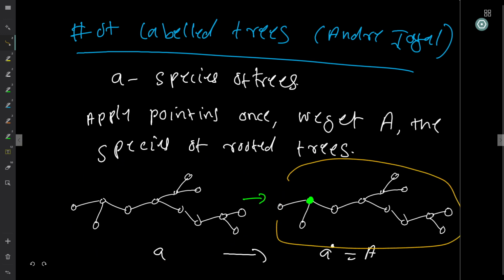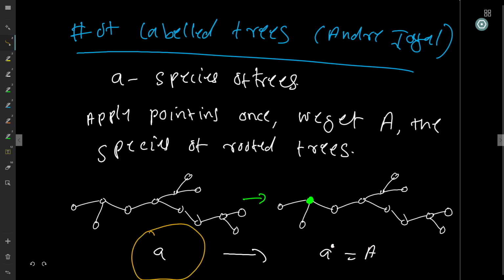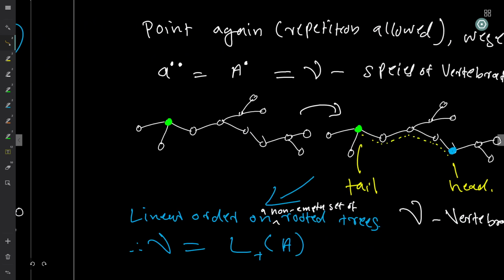So from each tree you can make n new different trees. Whatever the number was here, it will be multiplied by n. So you get n times as many trees when I do this pointing. We will keep track of this. So we started with some number of trees, and whenever you start with an n vertex tree, after the pointing you get n times that many rooted trees.